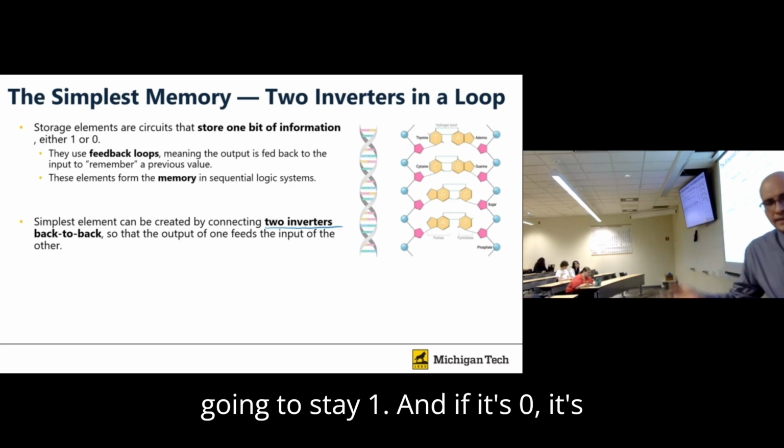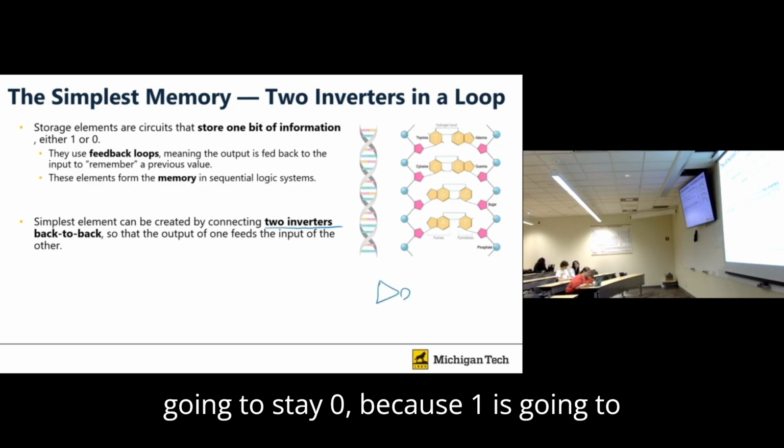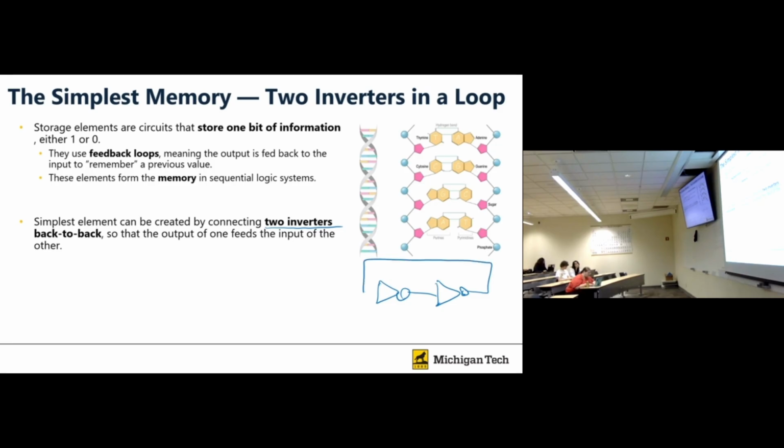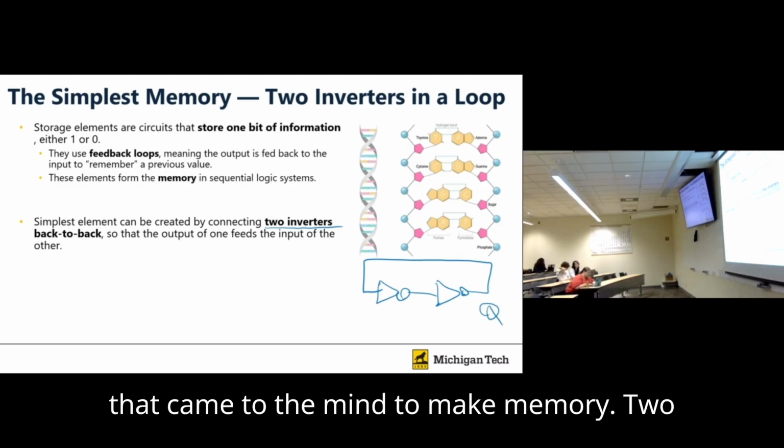If it's one, it's gonna stay one, and if it's zero, gonna stay zero, because one gonna negate the effect of the other one. So this was the first idea that came to mind to make memory.